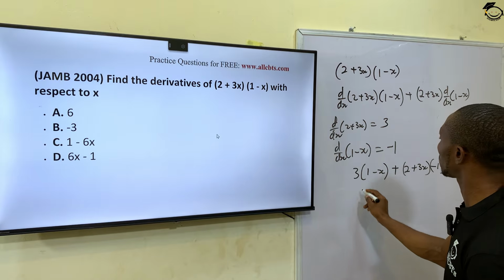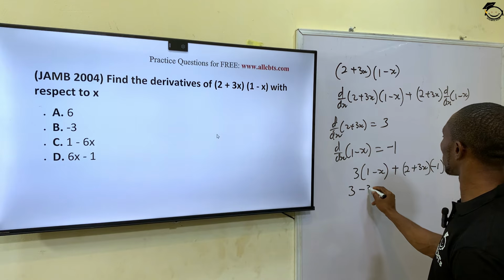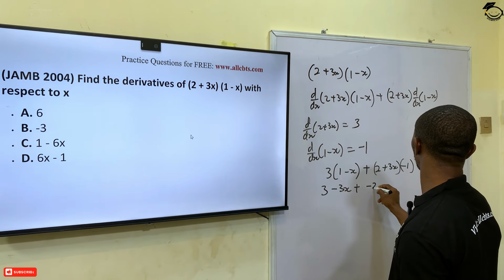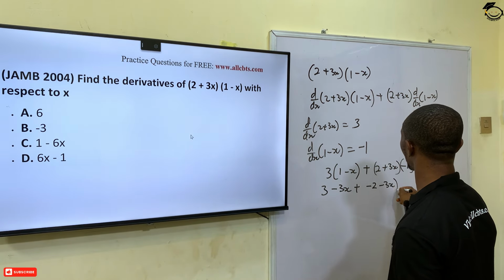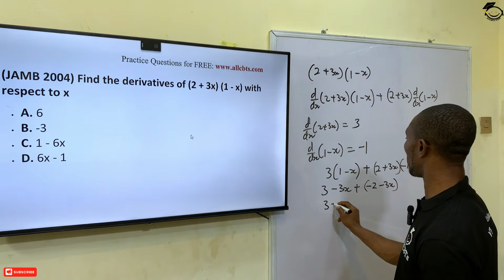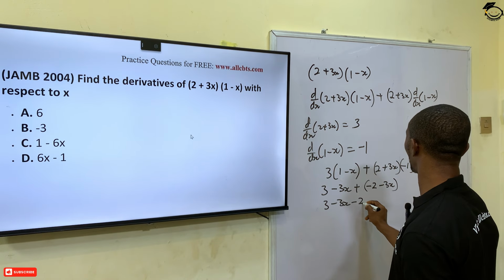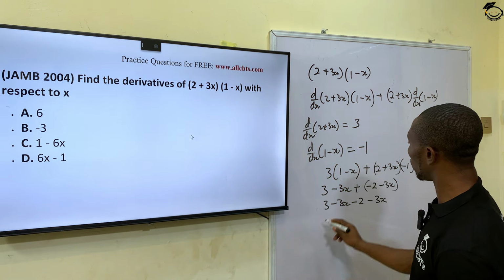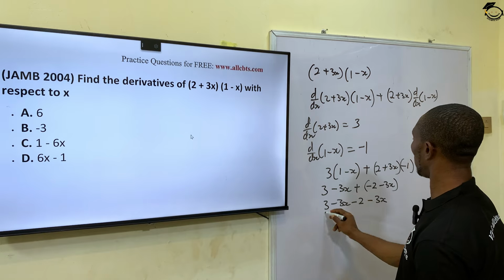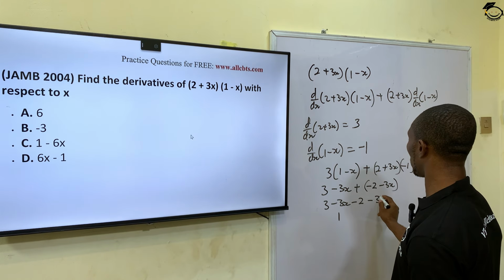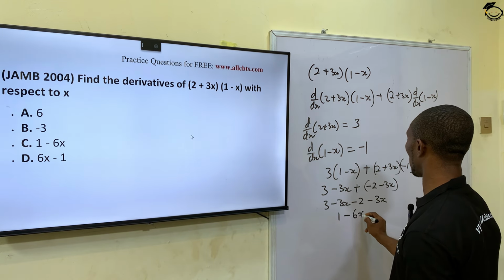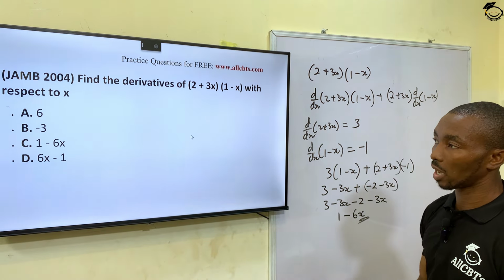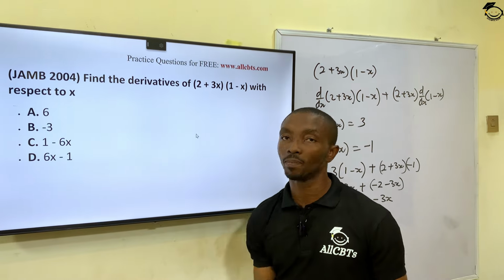All right, opening this up, we have 3 minus 3x plus minus 2 minus 3x. Okay, so this gives us 3 minus 3x minus 2 minus 3x. So with this, we have 3 minus 2 will give us 1, minus 3 minus 3 will give us minus 6x. So we'll be having it as 1 minus 6x as our answer, which is option C.